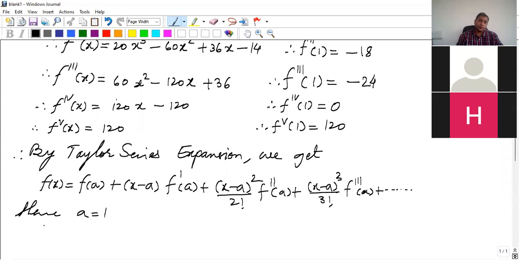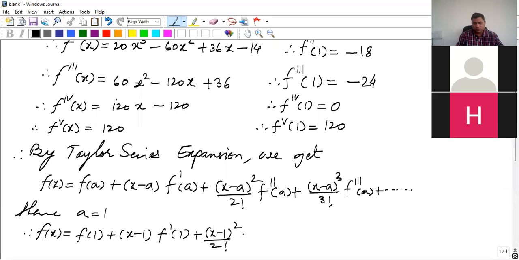So here a is going to be 1, and hence we get f of x is equal to f at 1 plus (x minus 1) into f dash at 1 plus (x minus 1) bracket square by 2 factorial f double dash at 1 plus (x minus 1) cube by 3 factorial f triple dash at 1 and so on.